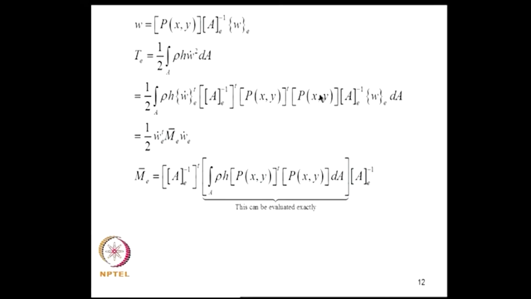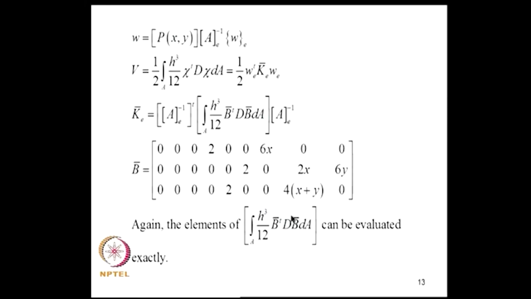The term inside this bracket we call the element mass matrix in the local coordinate system. You see, we should keep track of the coordinate system also. The integrals that appear here are products of polynomials, so they can be evaluated in closed form. We do not need any special tools to evaluate this; it can be evaluated exactly, or a suitable Gauss quadrature can also be used.